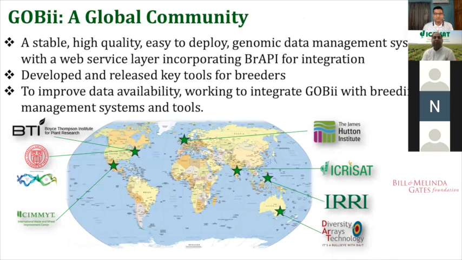Apart from this, some of the partner centers are DArT, James Hutton Institute UK, and BTI at Cornell. The mission was to develop stable, high quality, easy to deploy genomic data management and decision support tools, and release them to the breeders and improve data availability so that the breeding management system can make use of this.